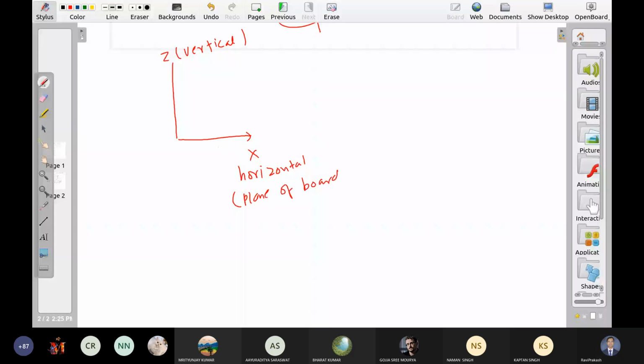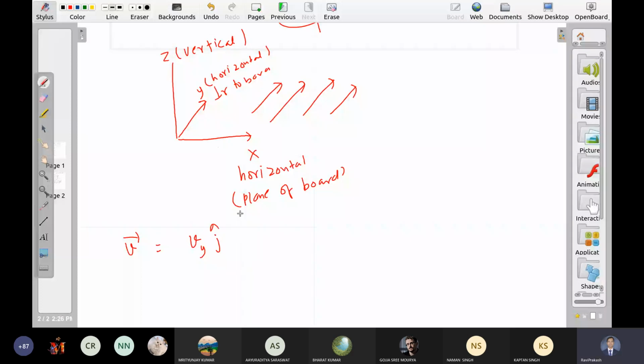And this is Y, also horizontal, but perpendicular to the board. So the air is flowing horizontally in the XY plane. So vector V has only a Y component. This is the velocity of air, and if I put a pedal wheel here, there is no rotation, only translation.